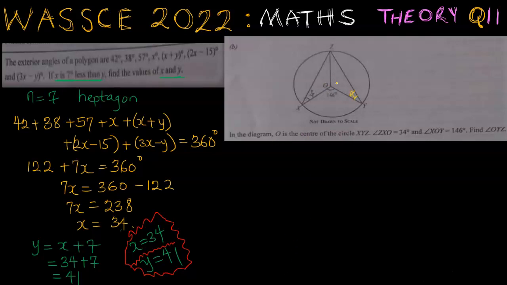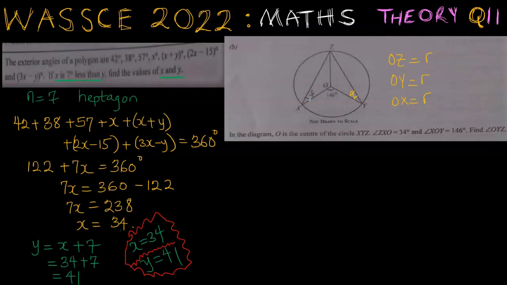So since O is the center of the circle, then it's obvious that this line OZ is a radius because it's a line from the center to the circumference. Similarly, OY is also a radius. It's from the center to the circumference. And OX is also a radius because it's a line drawn from the center to the circumference.